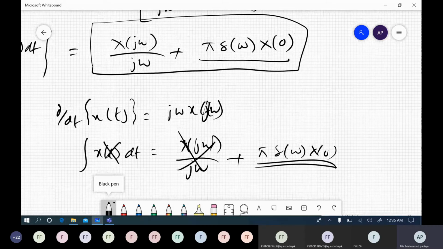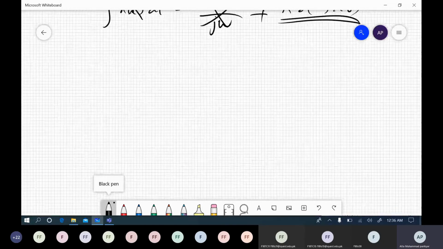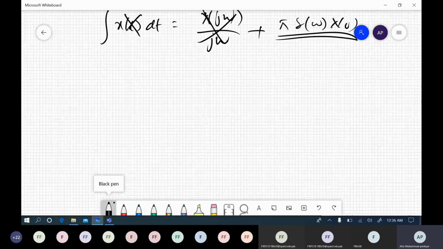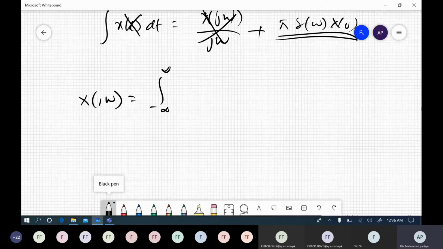Okay, so I think it's enough for now, and in the next class we will be discussing the discrete Fourier transform. Till now we have discussed only the Fourier transform for continuous time signals. To conclude, Fourier series was only used to compute the frequency spectrum for periodic signals.